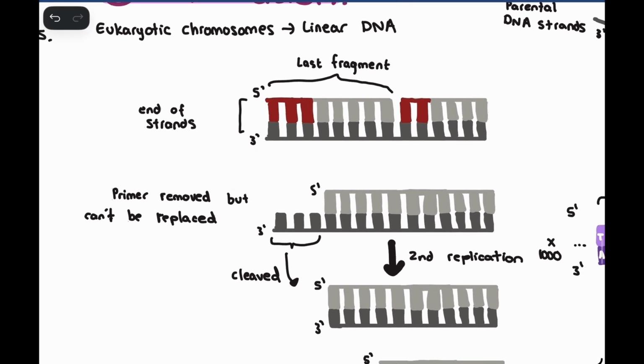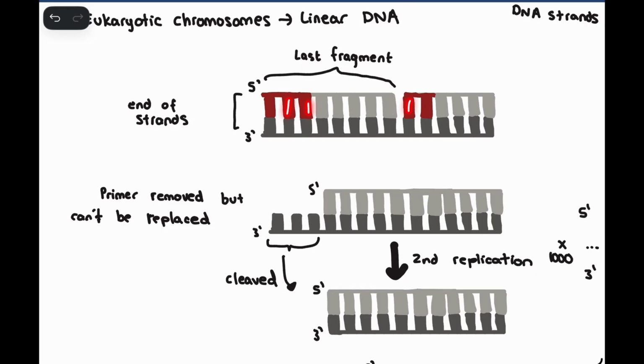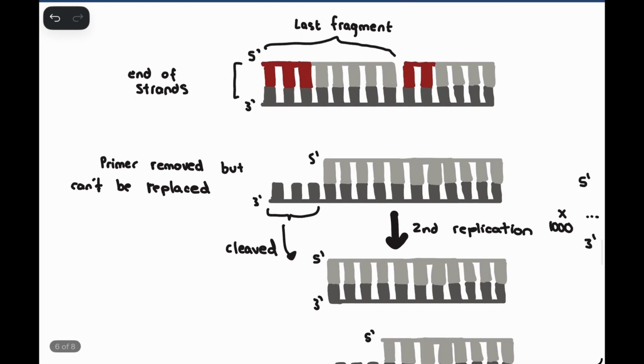So here, these red are the RNA primers. When they are replaced by the respective DNA nucleotides, this bit here on the end, on the very last fragment, cannot be replaced by the respective DNA nucleotides because there is no pre-existing polynucleotide, like over here, for it to connect to.